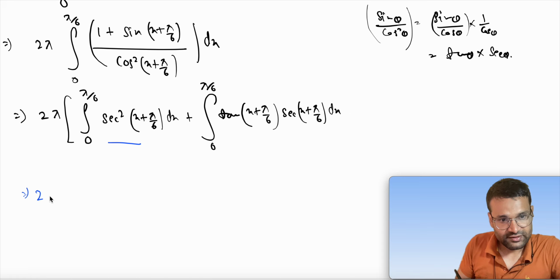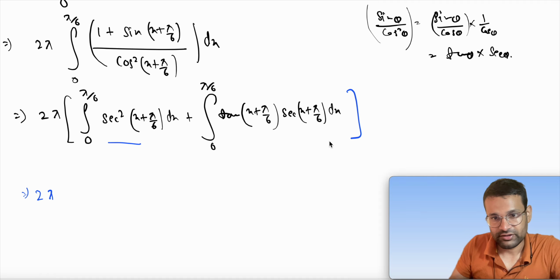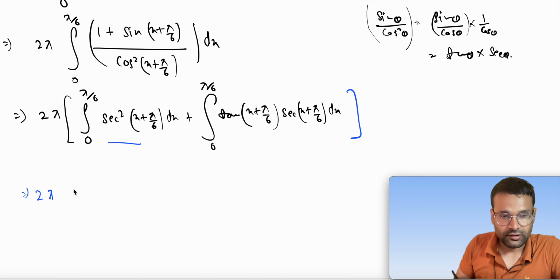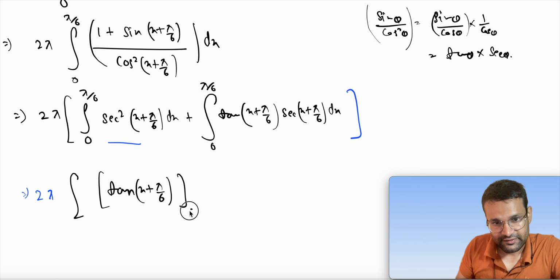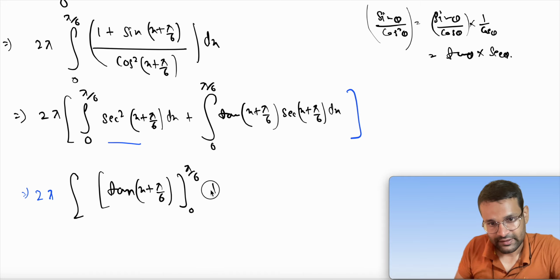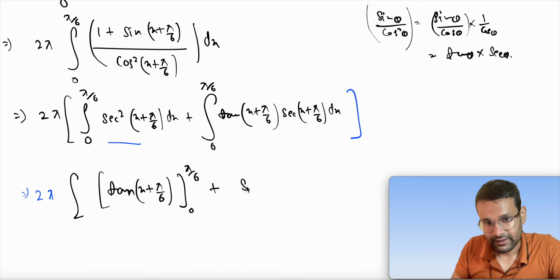Now here is the 2 pi. Now use this big bracket. Here is 2 pi. Now this all will come from direct formulas: sec squared x integrates to tan of x plus pi by 6, with lower limit 0 and upper limit pi by 6, and here is the integration formula of sec of x plus pi by 6, because we all know the formula.